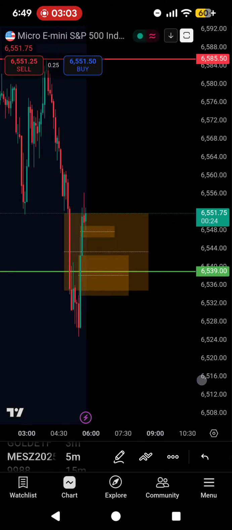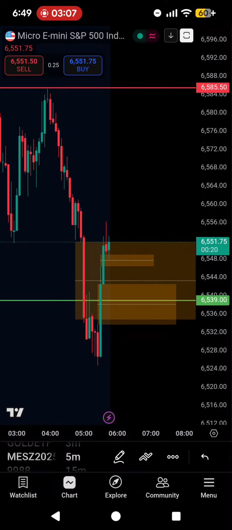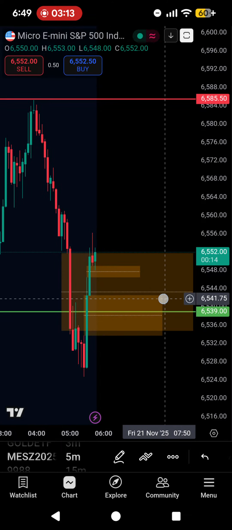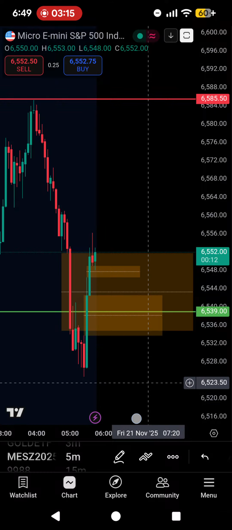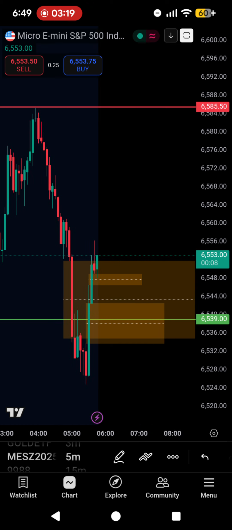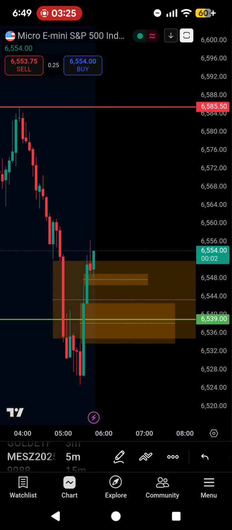I'm still gonna try to enter at the best possible area that I want to enter. Okay, so right now we'll see. Because on the 1-minute chart there is no FVG here, but on the 5-minute we see this nice rejection.